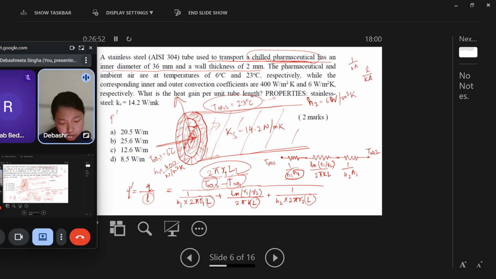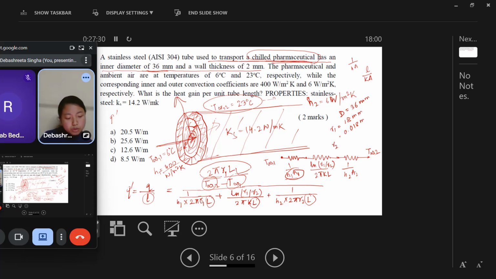Then 2 pi R1. R1 is, the diameter is given, right? If the diameter is 36 millimeter, R1 should be 18 millimeter, and 18 millimeter is 0.018 meter. Okay. And the same way you have to calculate R2, that is the outside radius, because of the wall thickness.